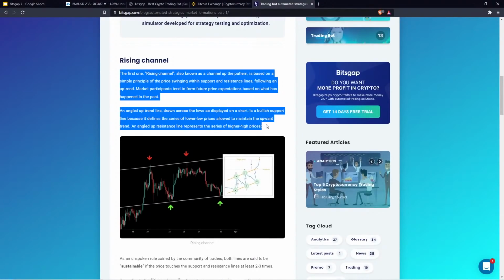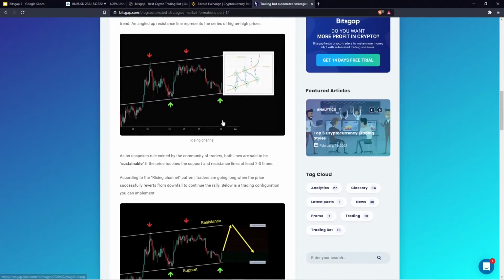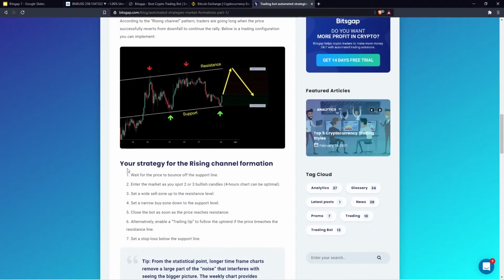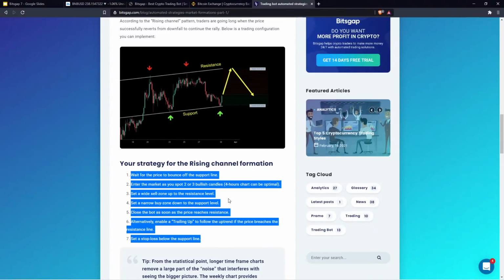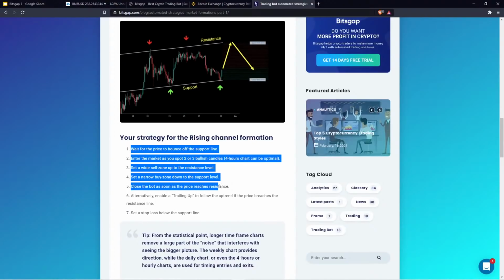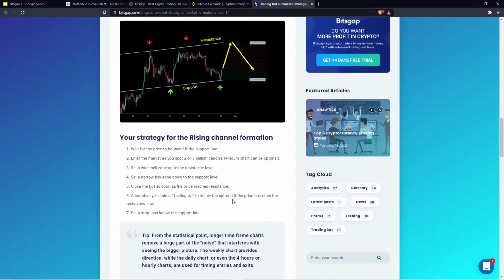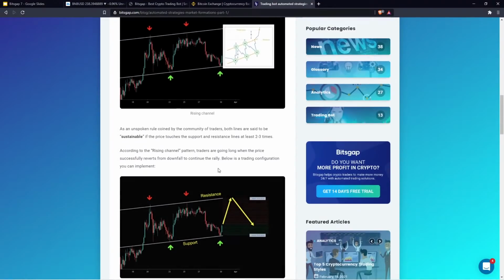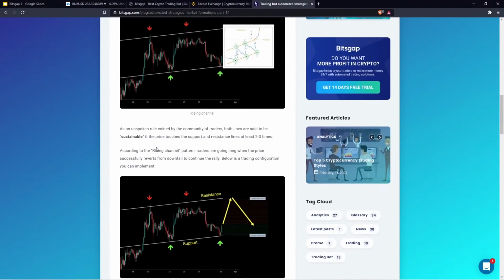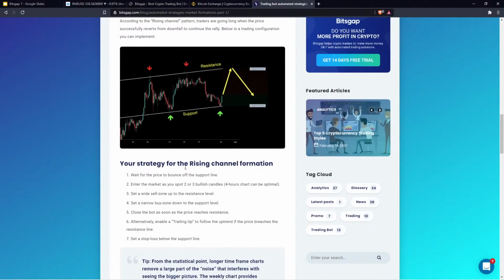You see some patterns, they are crystal clear explained to you, and the exact configuration that you can follow based on this strategy is also provided for you. So if you've never traded grid bots before, at least you can follow these strategies that I made for you as a beginning. Once you realize how it all works, you can come up with your own strategies.